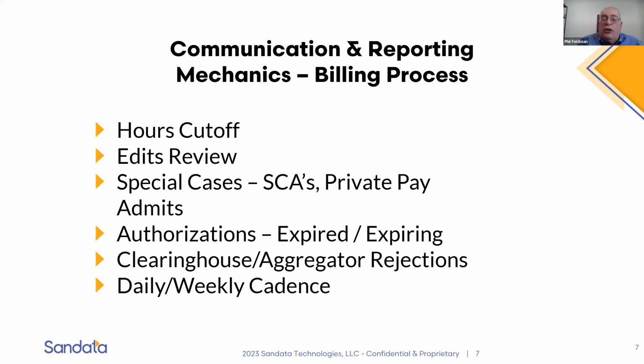How are we going to deal with rejections, both in the clearinghouses and the aggregators? What's the turnaround time to responses on claims that get hung up in either of those? The vendor typically can resolve a lot of them, but there might be some that they can't. Issues with eligibility. Is the vendor checking for eligibility?